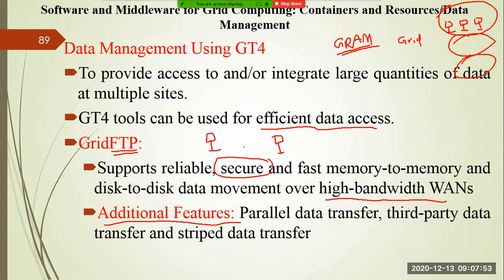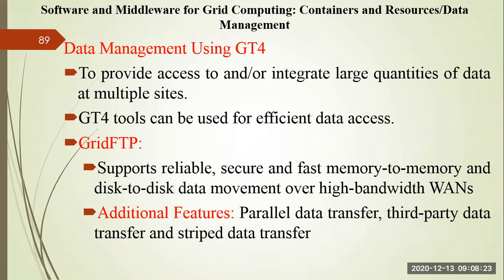And if you see the statistics here, GridFTP has achieved 27 gigabits per second end-to-end transfer using the wide area network. Imagine, 27 gigabits per second using GridFTP. How much faster it is! This is one of the GT4 tools.